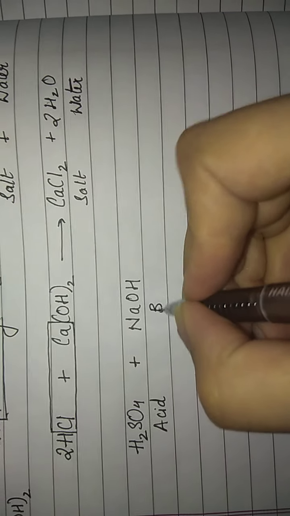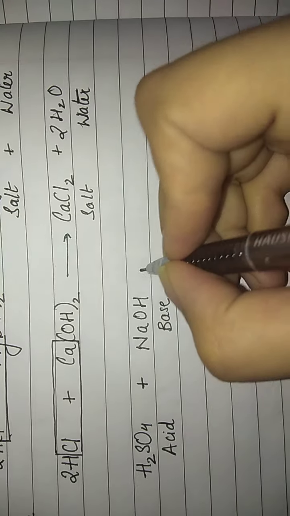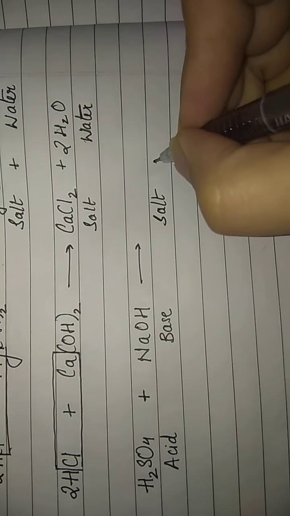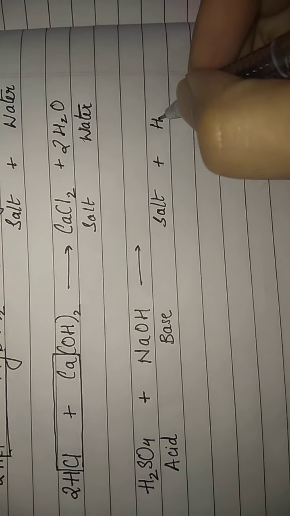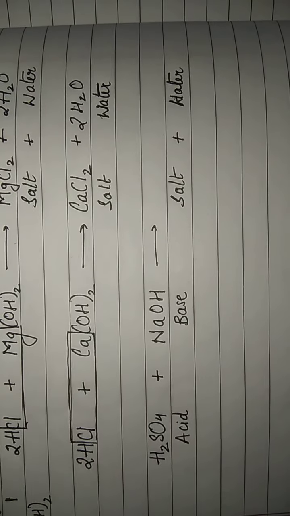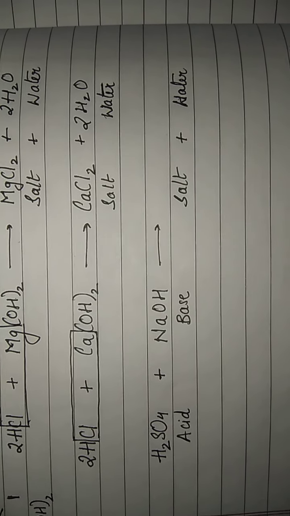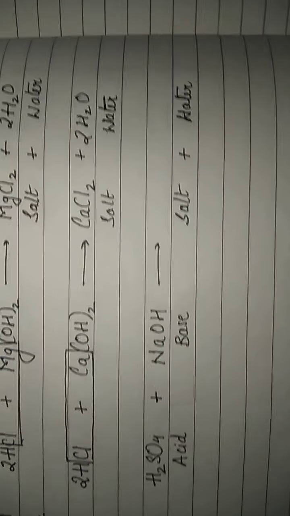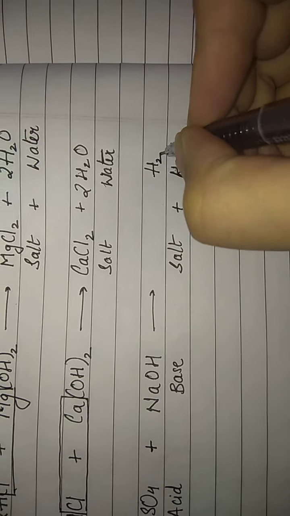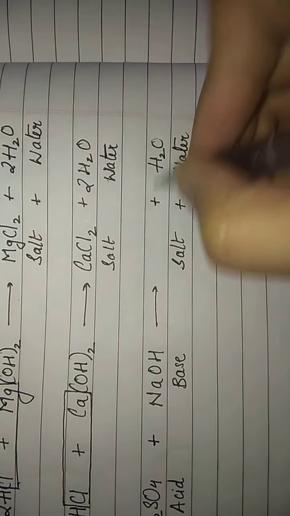So again my products will be salt and water. Using the same method, I will find out my products in this reaction also. It will be water, H2O, here.